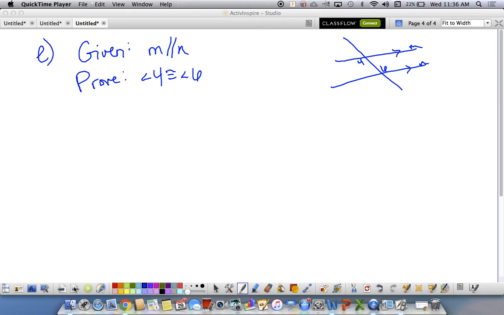Okay, so what is our first line of an indirect proof? So now what is our conclusion in this case? So what's our first line going to be? What do you want to prove? What's our conclusion? Assume angle 4 is not congruent to angle 6.